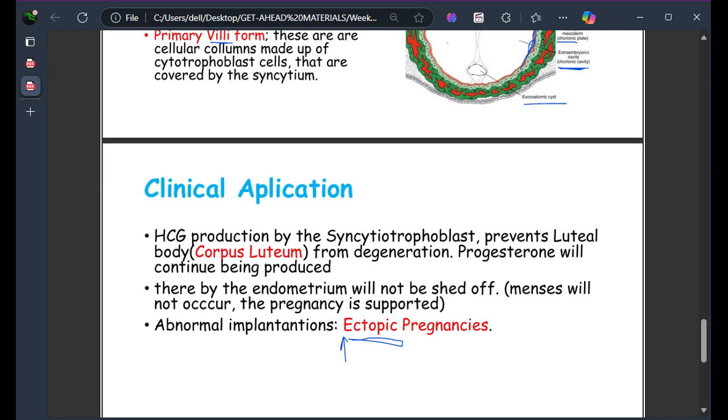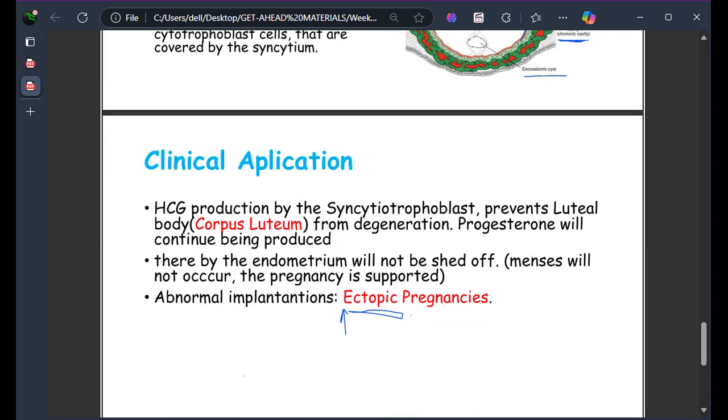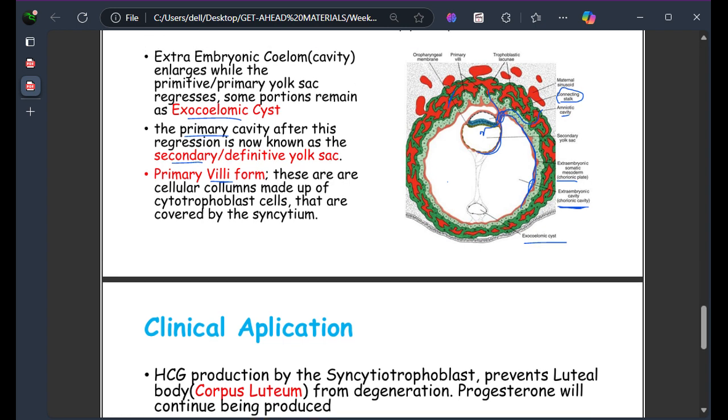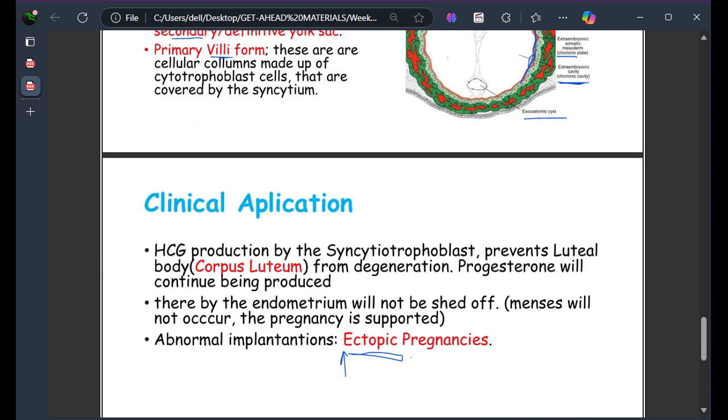There are also other places that it might implant, so go check those out.